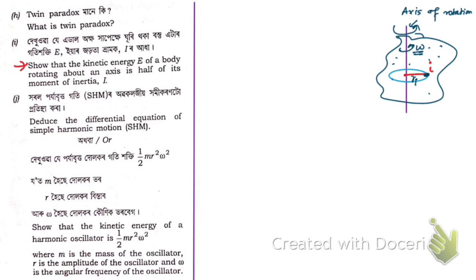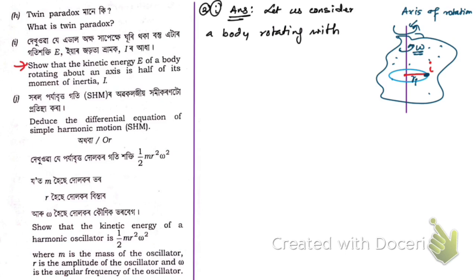So which question are we doing here? 2I. Answer 2I. Let us consider a body rotating with angular speed omega about an axis.